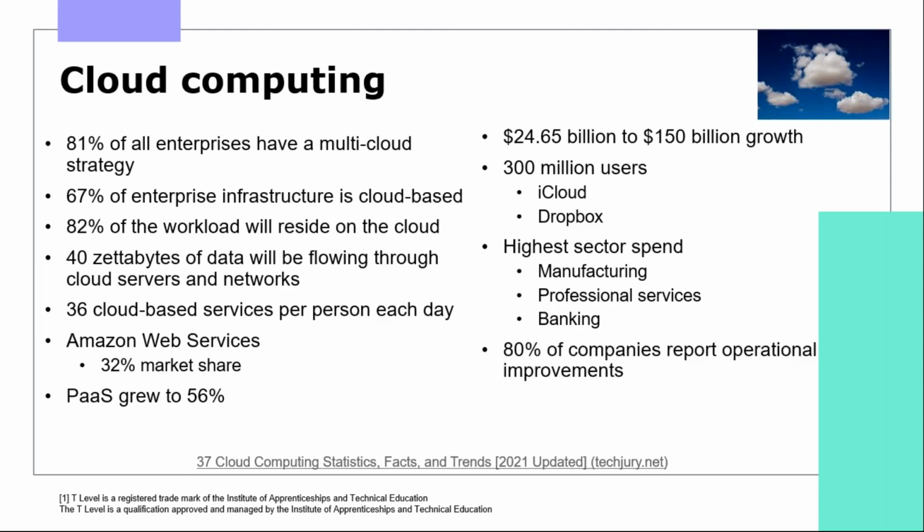The positive impact of cloud technology is almost instantaneous, and 80% of companies have reported operational improvements within the first few months of adopting the technology. And finally, cloud computing jobs have increased by 42% in the last 3 years.